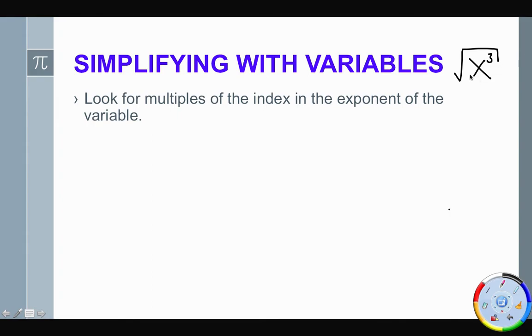All right, so we look at this. We have the index is a 2 because it's square root. So what we're essentially going to say is, what are the multiples of 2 that are less than 3? In this case, it's only x squared times x, because we know x squared times x is x to the third power.